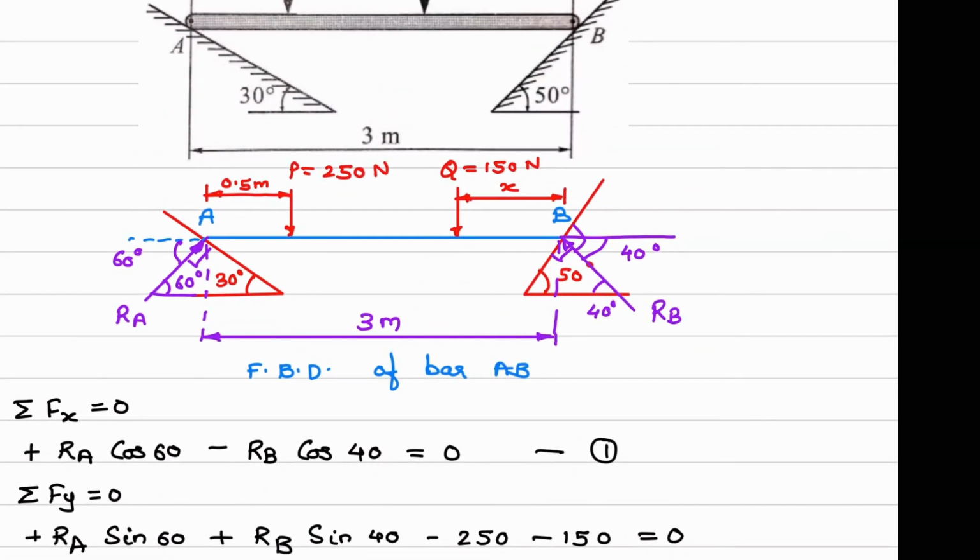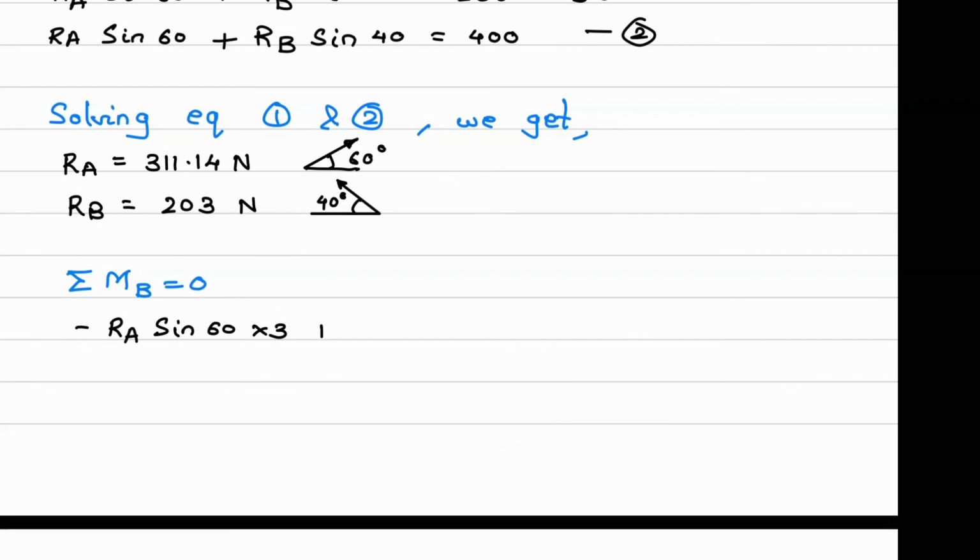Next, this 250 Newton is acting in downward direction. Keep your thumb at B, keep your index finger over here, rotate it in the direction of arrow. This is anti-clockwise, so it will be plus 250 into this distance. Total is 3 and this distance is 0.5, so 2.5. So plus 250 into 2.5.